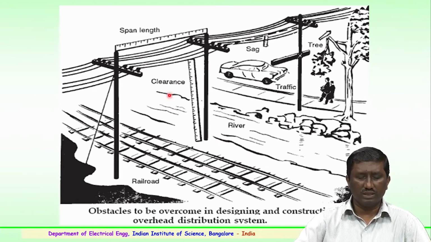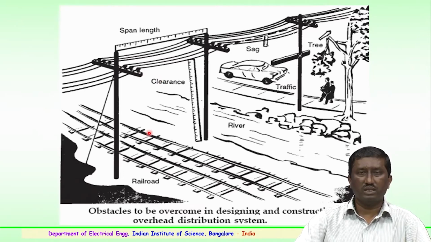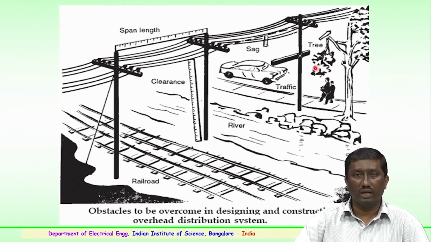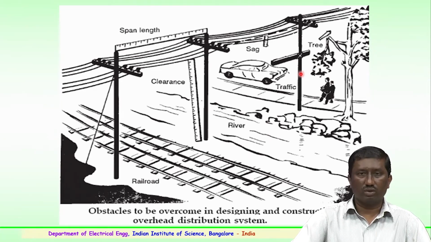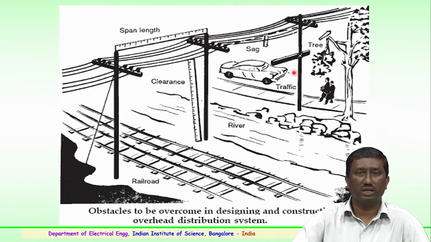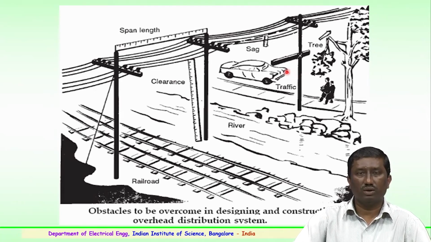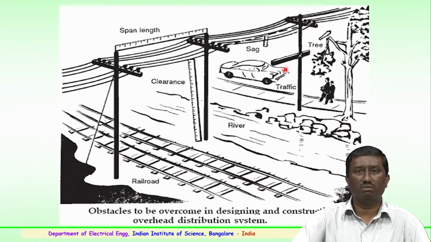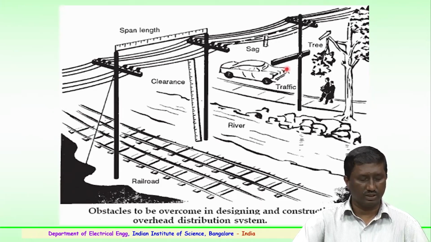Apart from the electrical clearances, minimum clearances in the case of transportation, river crossing or vegetation have to be adhered to as per the norms and specifications prescribed by the international electricity rules or Indian Electricity Rules before the towers are constructed at different locations.